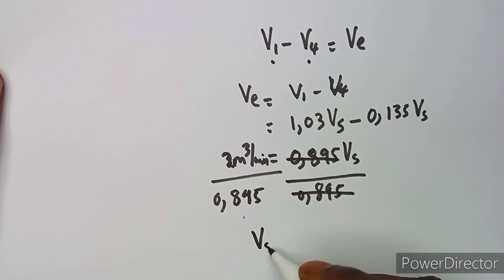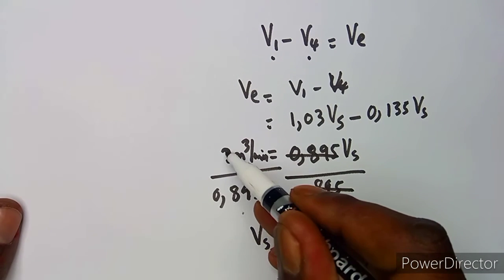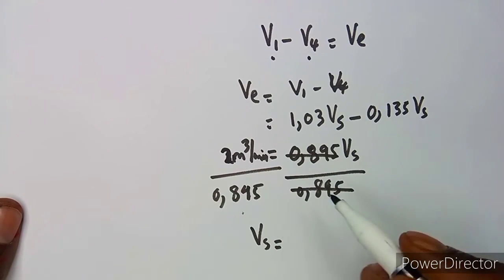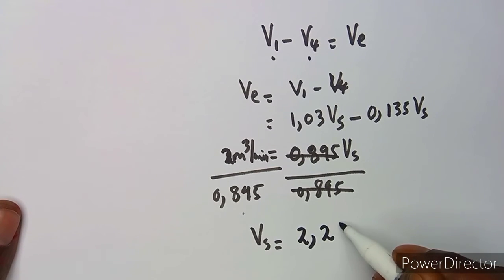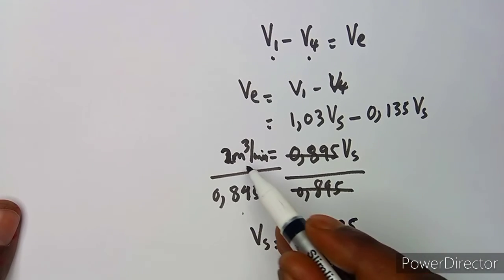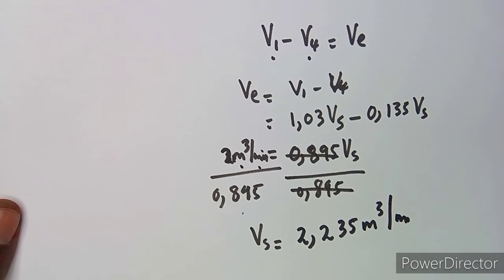But take note, our Vs, if we divide by 0.895, is going to give us something like 2.235 something. But take note, it's cubic meters per minute. This is per minute there, not just cubic meters.